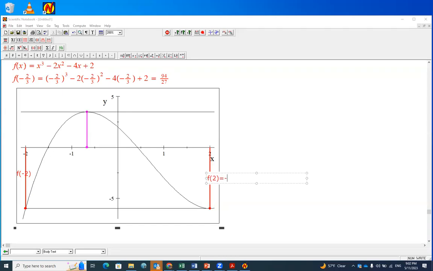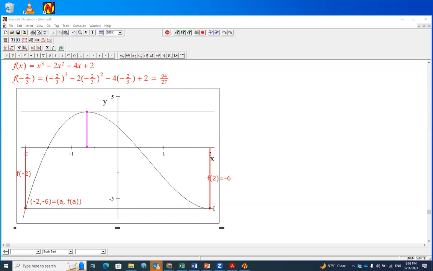That, of course, equals -6. That equals -6, f of 2, they're the same. And this is the horizontal line connecting the two dots. So this point is -2, -6. Okay, this is A and this is f of A.